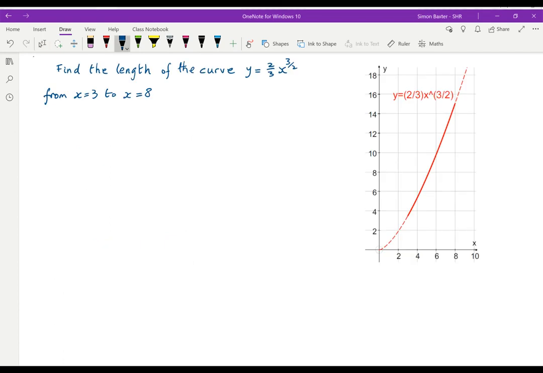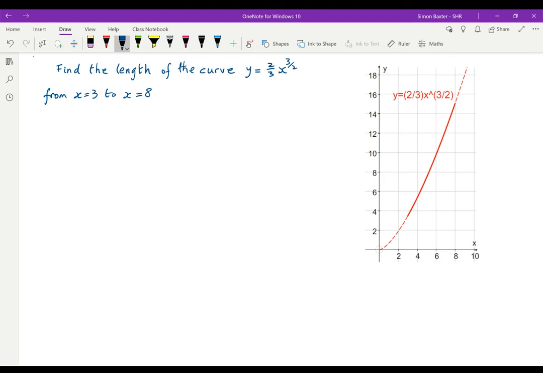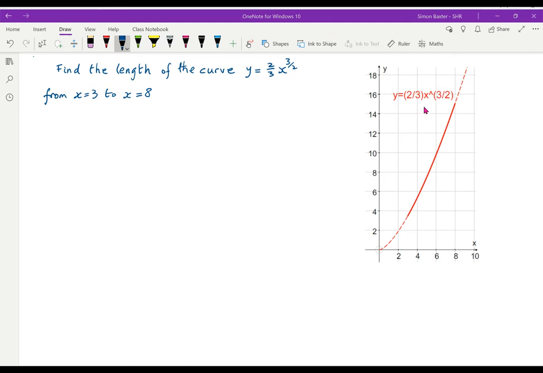Let's look at an example. Here I've got the curve y equals 2/3 x to the power of 3 over 2, and I'm asking to find the length of this curve between x equals 3 and x equals 8. The length of the bit which is solid, the rest of the curve is just shown for completeness as a dotted line.